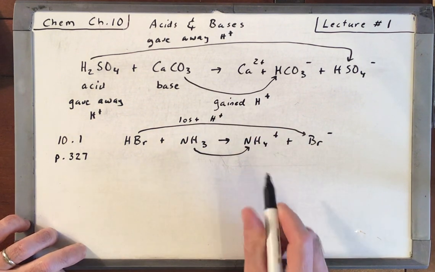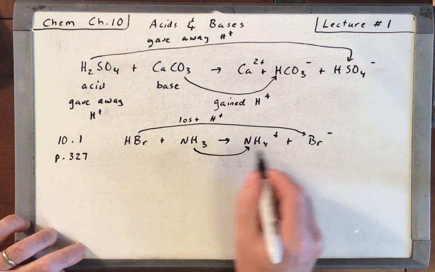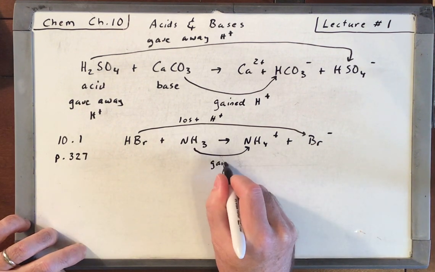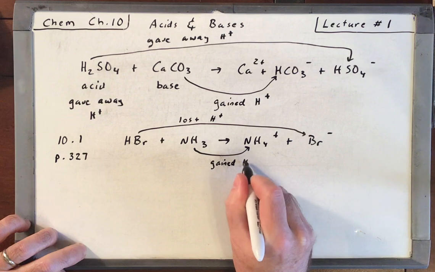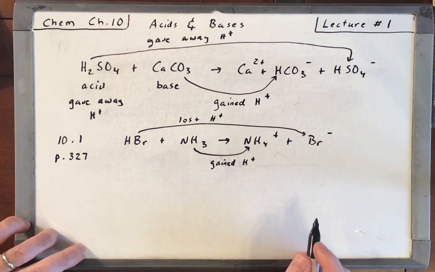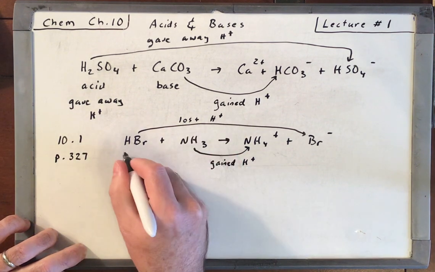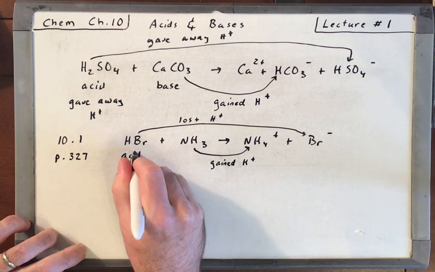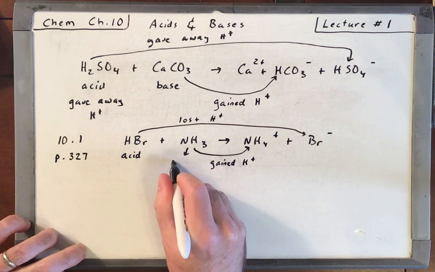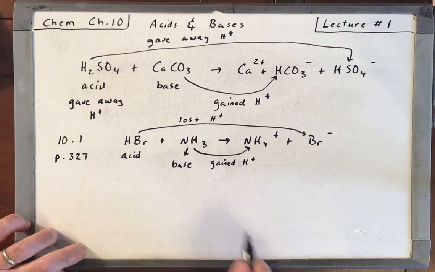NH3 went to NH4 plus, so it gained a hydrogen. Before I give you the answer, which one's the acid and which one's the base? If it donates or loses a hydrogen, it's an acid, and therefore that makes NH3 the base.